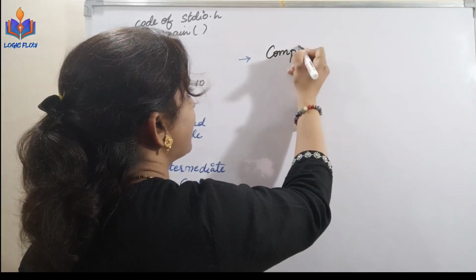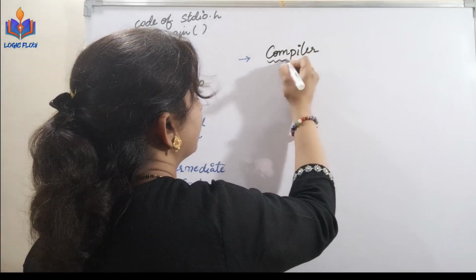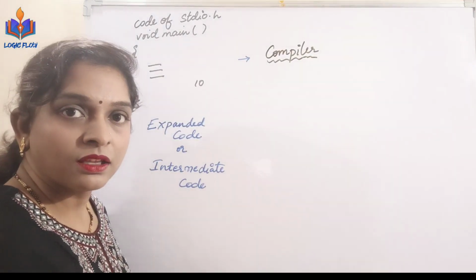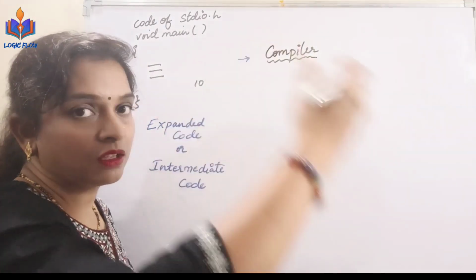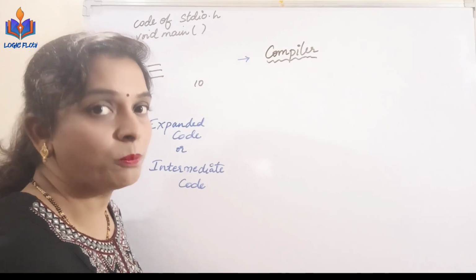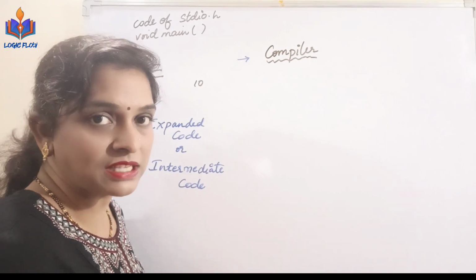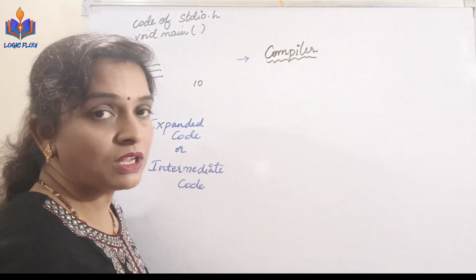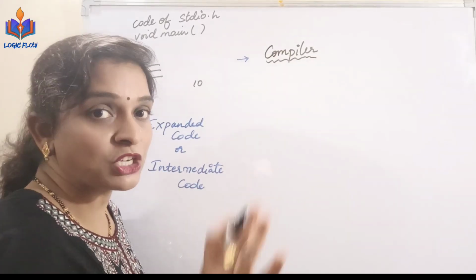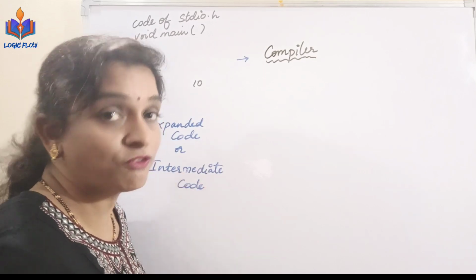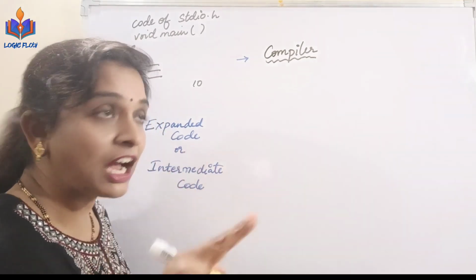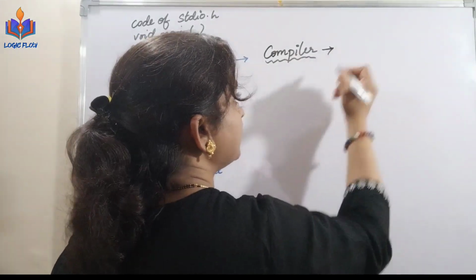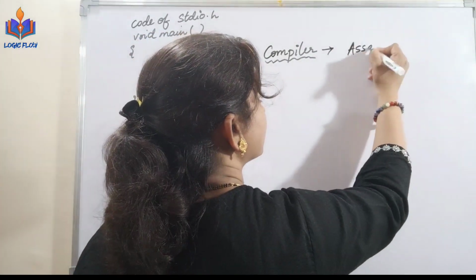What the compiler will do is translate the program. The compiler will do the translation, error checking, everything. Once the program becomes free from errors, we get the complete program in machine code. But there is one more phase which comes into the picture. The outcome of the compiler will be in assembly code.